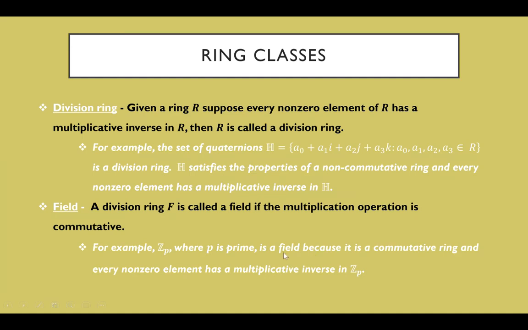They satisfy the idea of a division ring. We can show that there are multiplicative inverses in Z sub p because p is a prime number. So we have a commutative ring. Every non-zero element has a multiplicative inverse in the group. So we call this a field.